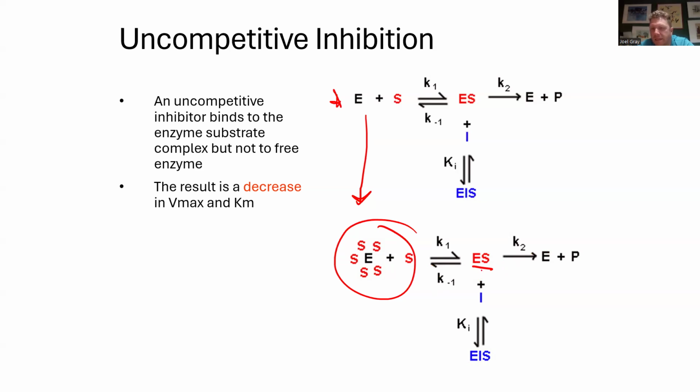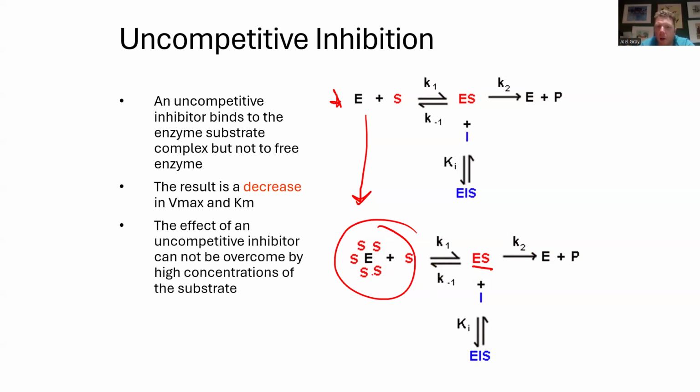Instead, it's what happens to that ES. So you cannot outcompete an uncompetitive inhibitor by adding more and more of the substrate, because some of that enzyme is going on to be sequestered in this EIS complex. ES is going to form no problem. EIS is the problem.